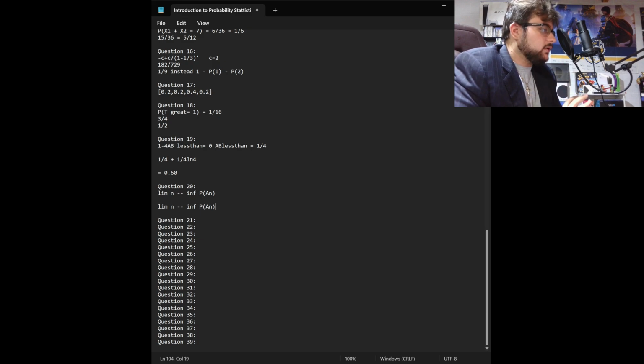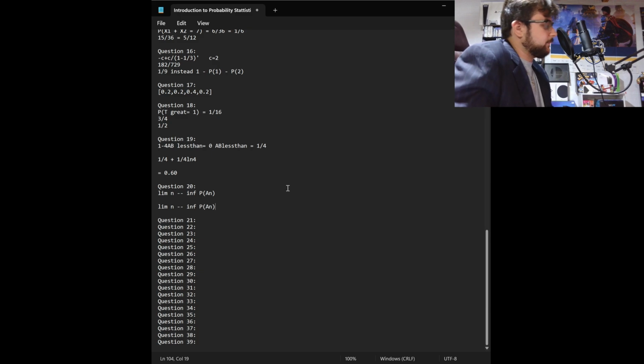Now if you're following along, once you have that, you can get P(A1) plus the limit as n goes to infinity of P(A2) minus P(A1) plus P(A3) minus P(A2) plus P(A4) minus P(A3), which will get you P(A1) plus the limit as n goes to infinity of P(An) minus P(A1), which then gets you to the answer written here.